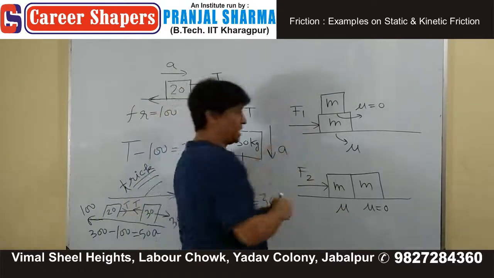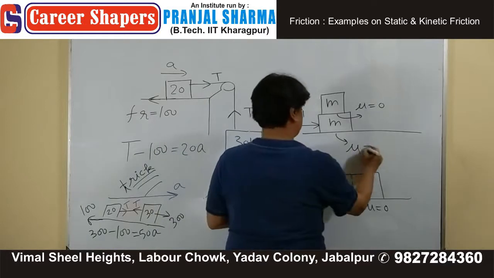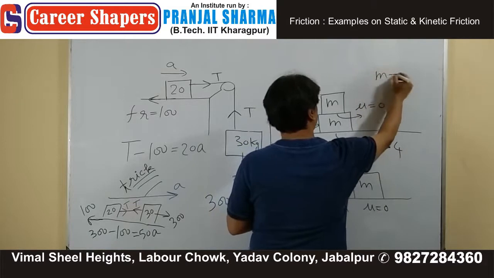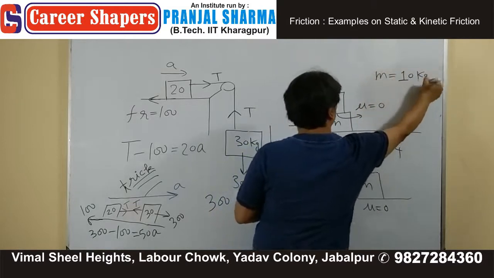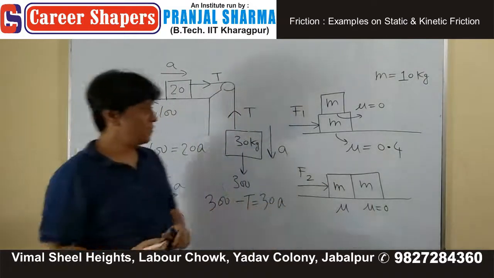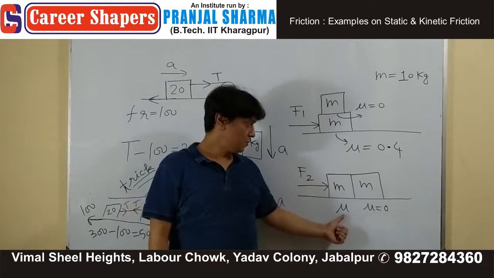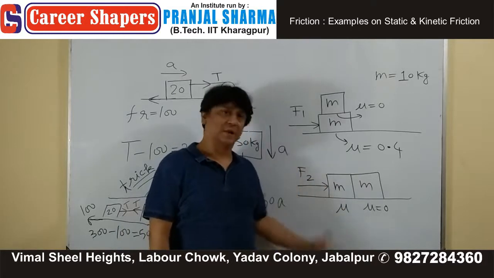And just so that you can answer it, you can take the value of mu as 0.4 and take m as 10 kg, so that you can produce a numerical value. Mu is 0.4, mass is 10 kg. Find out F minimum, F2 minimum.